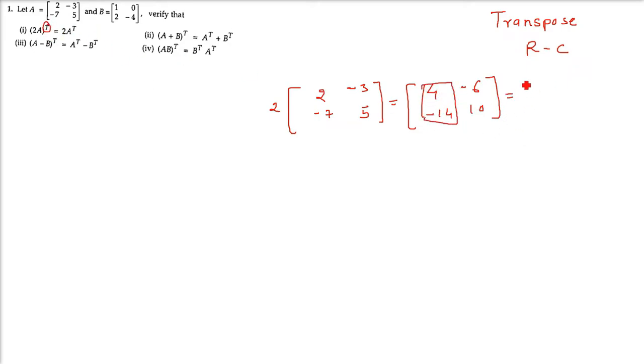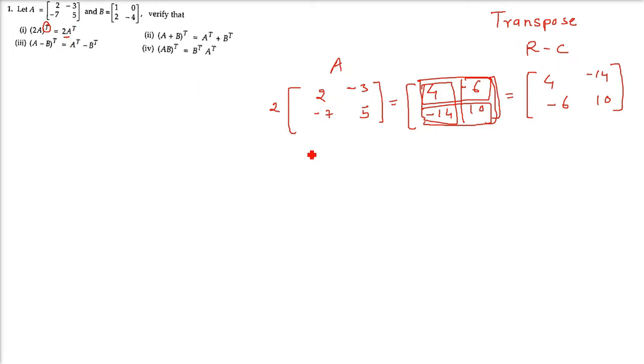So make the row as column, or column as rows. So 4, -6 is our row, we'll make it as a column. So 4 will come here, -6 will come down. Similarly, this -14 and 10 is a row, so we have to convert it into a column.